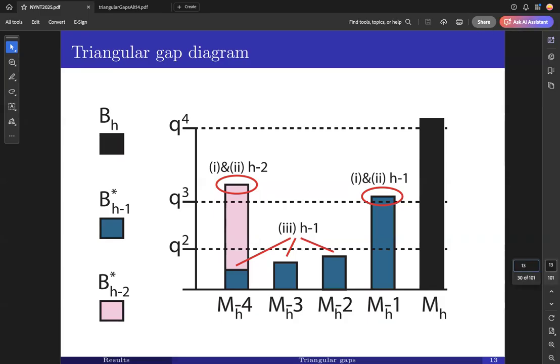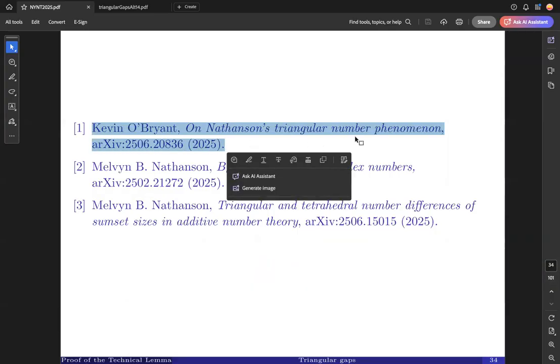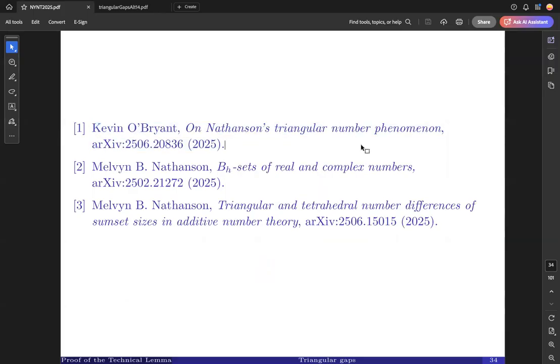It's maybe just some notes that he sent me, but the experimentally observed phenomenon is real. It's not just an accident of the sets that were randomly selected to study.